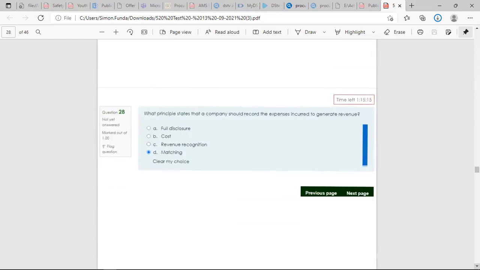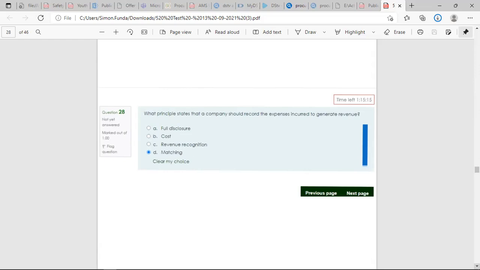What principle states that a company should record expenses incurred to generate revenue? Okay, so the principle that states that the company should record expenses incurred to generate revenue is the matching concept or principle.